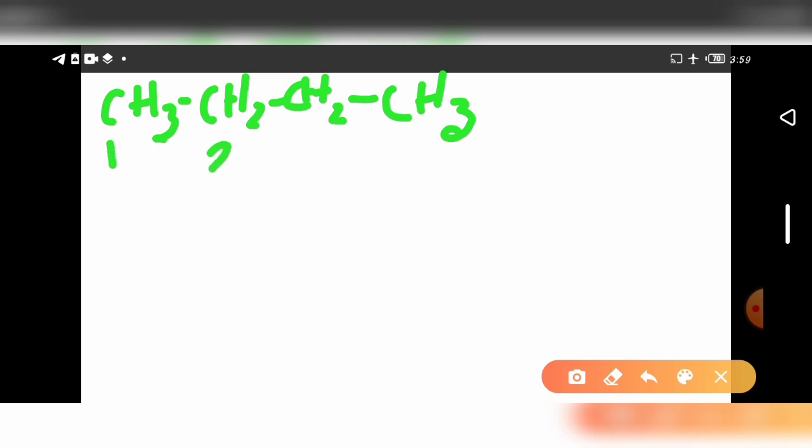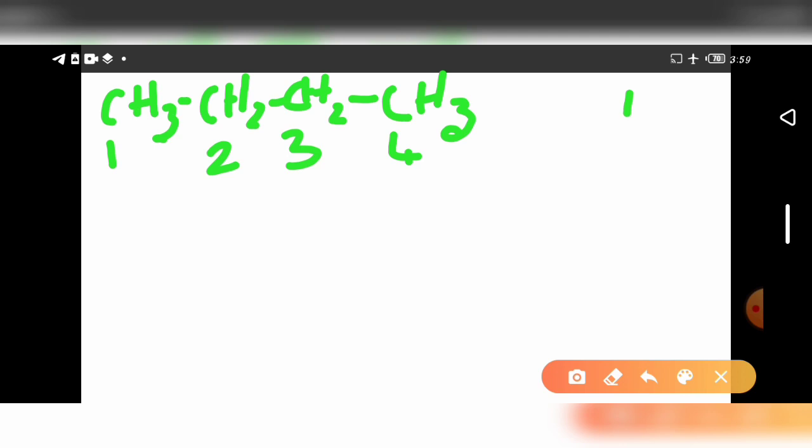First, CH3, CH2, CH2, CH3. How will you name this one? First step, you count the carbon numbers. How many carbons? 1, 2, 3, 4 carbons.